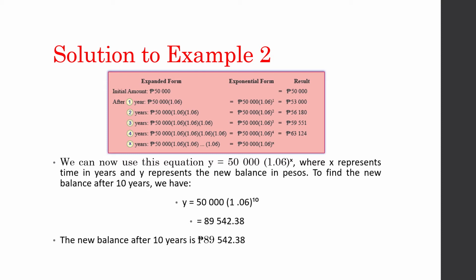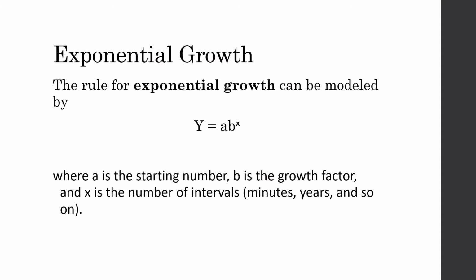To find the new balance after 10 years, we have y is equal to 50,000 multiplied by 1.6 raised to 10, which is equal to 89,542.38. So the new balance after 10 years is 89,542.38 pesos.